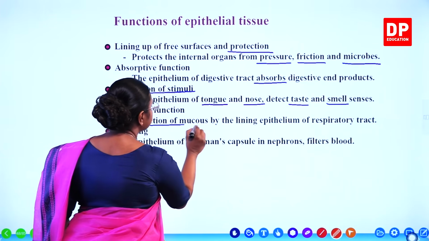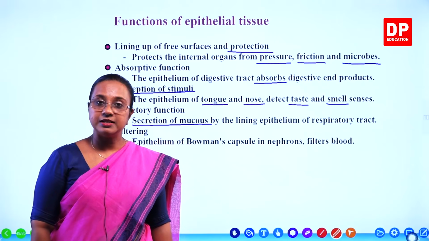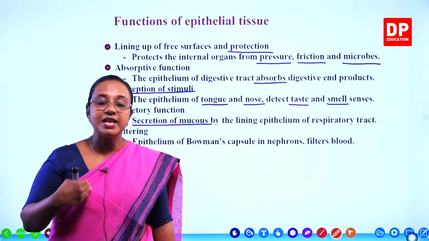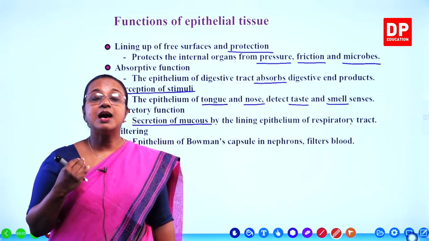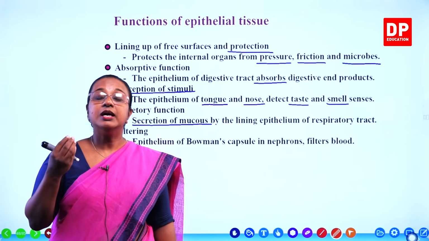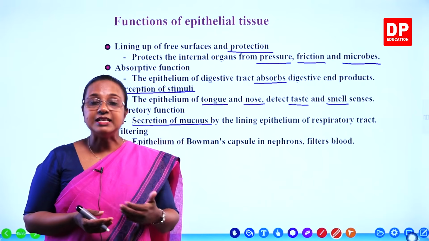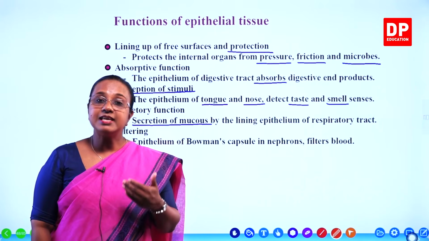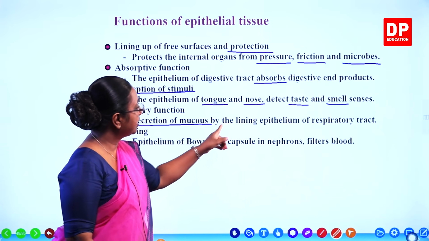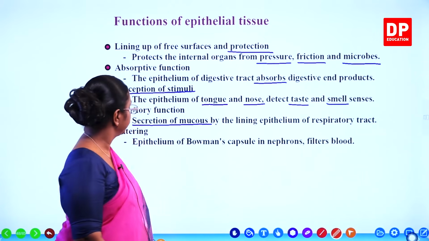If you take the respiratory system, inside the nasal cavity as well as within the system, there is mucus, a substance that is needed to keep the respiratory tract moist. That is secreted by the epithelial tissue, the lining epithelium of the respiratory tract.